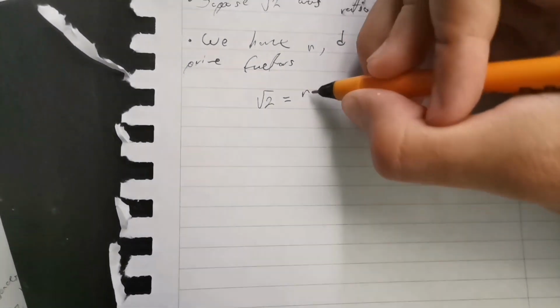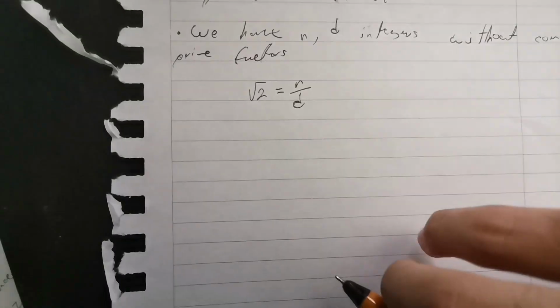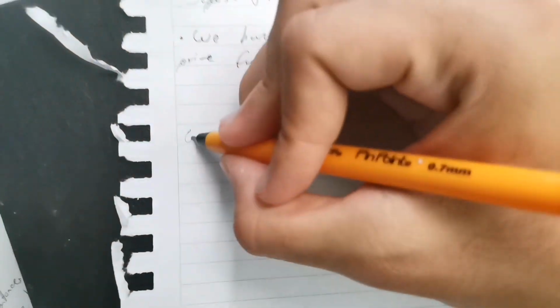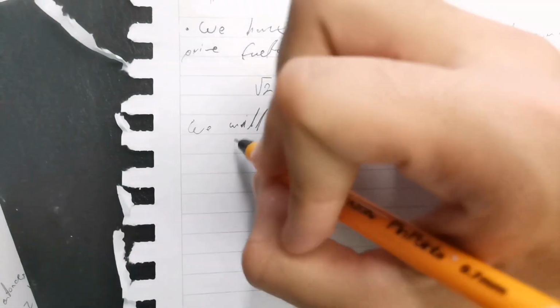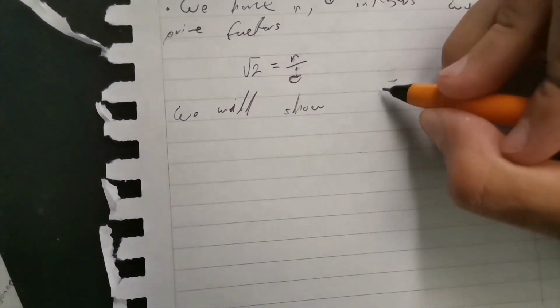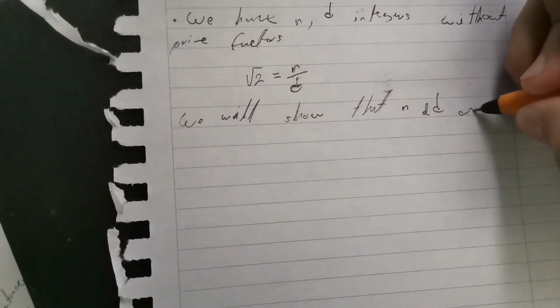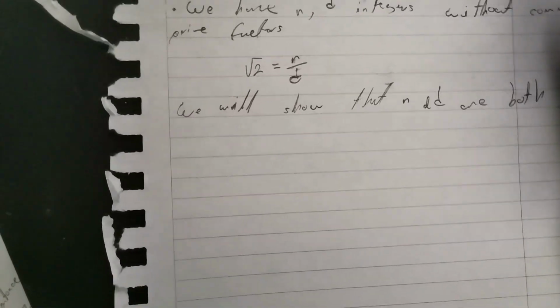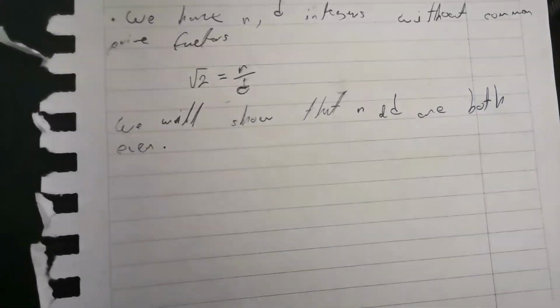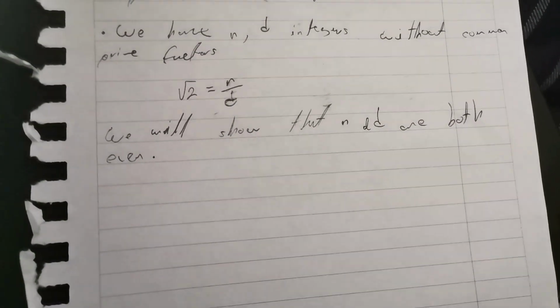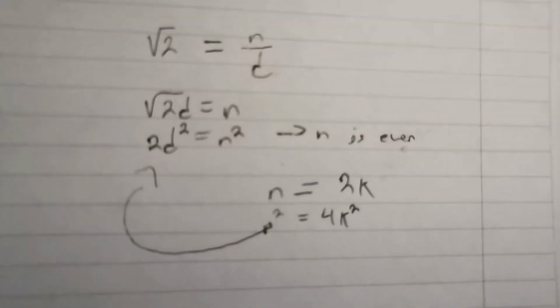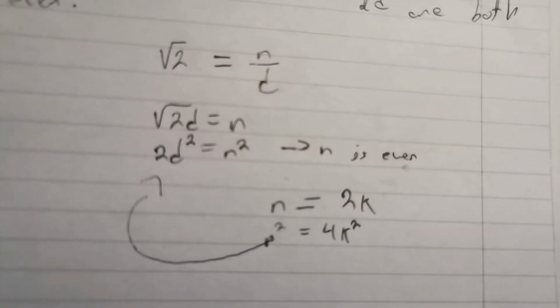Now let's square both sides of the equation. Square root of 2 squared is equal to p over q squared. In this case, this simplifies to 2 is equal to p squared over q squared.